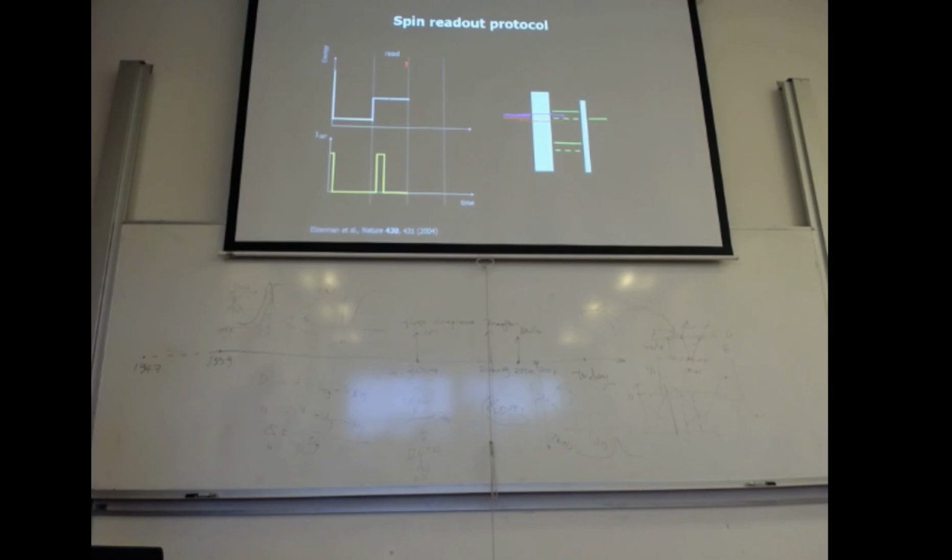And then during this read pulse, where we keep the level like that, we will reinitialize the system with the lower spin state. And then in this sequence, typically afterwards, you put the levels entirely above it so that you empty the donor again and you can start from this side. Okay, so this is the sequence: load, read, and empty. And then you can repeat this many times and look at the statistics.